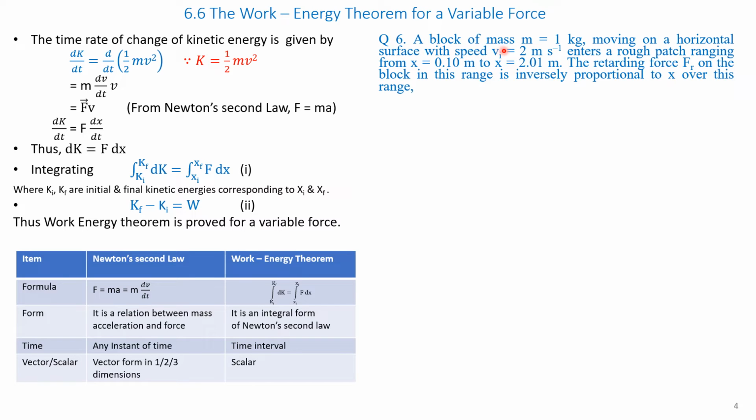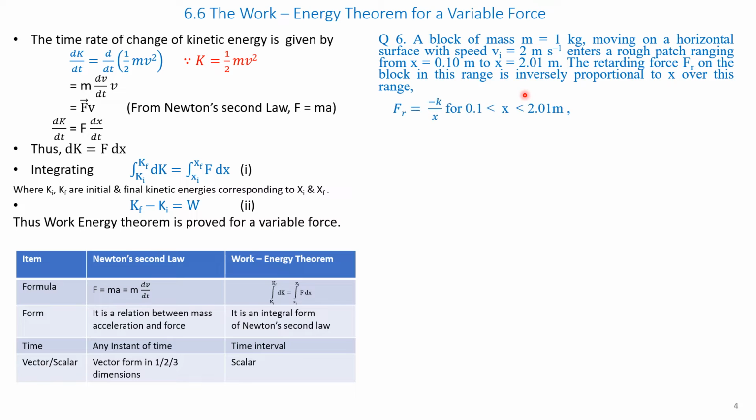Question number 6. A block of mass 1 kg moving on a horizontal surface with an initial speed of 2 meters per second enters a rough patch from x equal to 0.1 meter to 2.01 meters. The retarding force Fr on the block in this range is inversely proportional to x over this range.